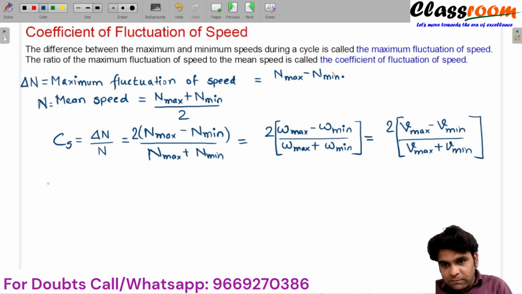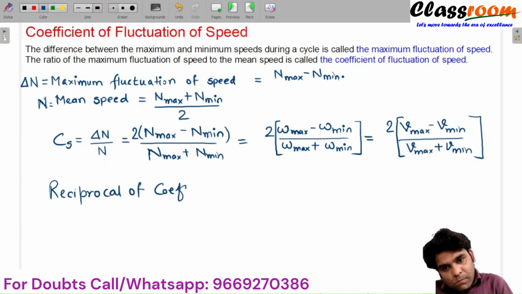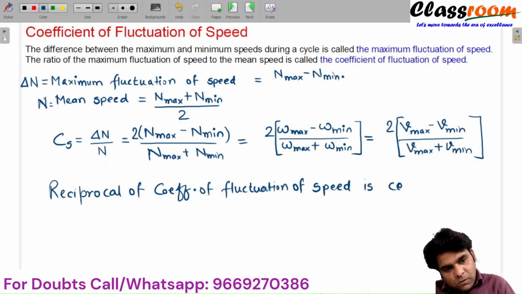Now the next term, which is the reciprocal of the coefficient of fluctuation of speed, is the coefficient of steadiness.